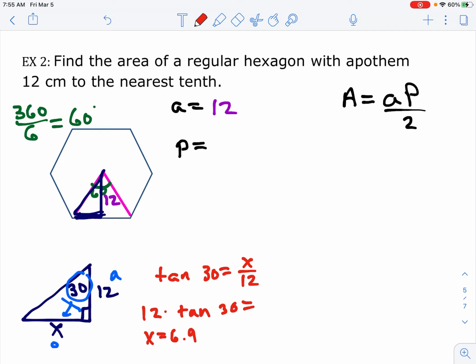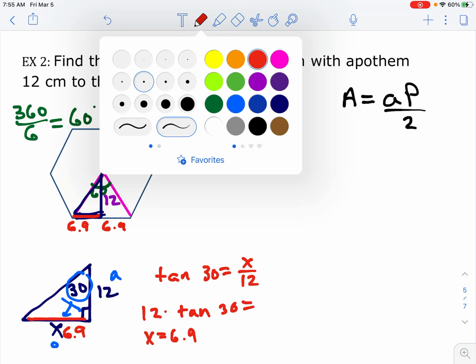Now, here's the tricky part. We just solved for the bottom piece of this triangle and got 6.9. Let's go up to our picture and think about this. The bottom of this piece of the triangle was 6.9. Well, if that piece was 6.9, that means this piece was 6.9.